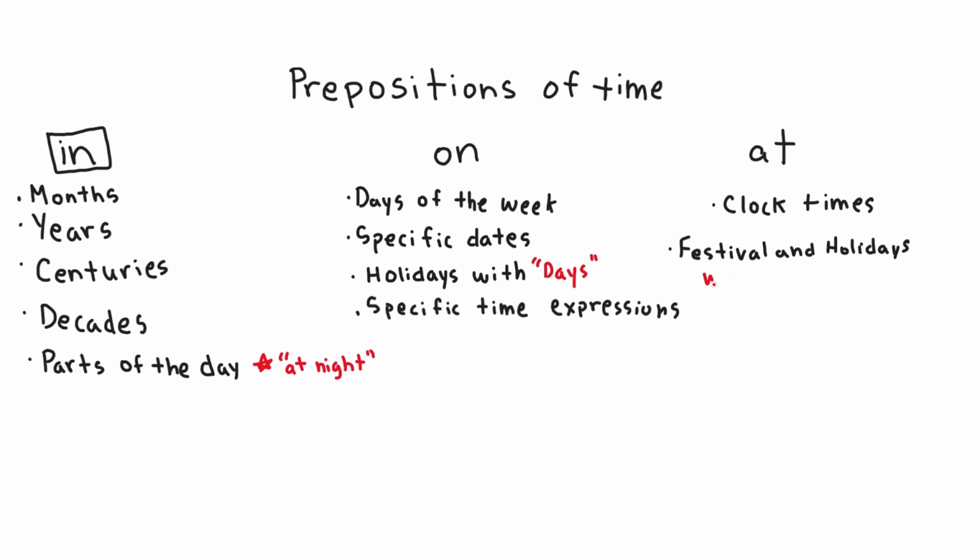For example, we will say at Christmas, at New Year. So be careful with the specific time expressions from on, which is used for holidays with days. This one, at, is used without the word day.